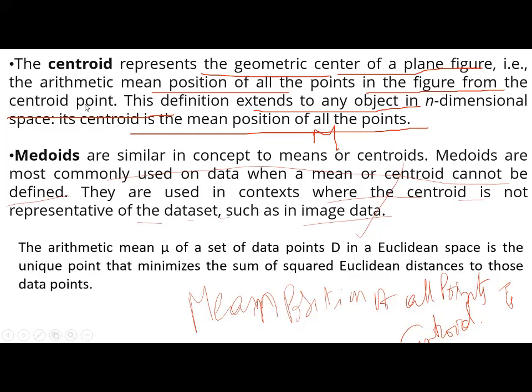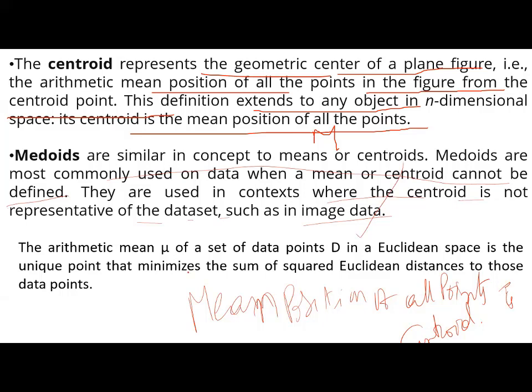Hope you understand now what is called centroid. Centroid is the mean position of all points. Medoid is used where centroid cannot be calculated. The centroid is the arithmetic mean, right?